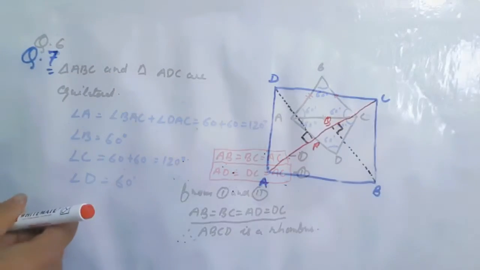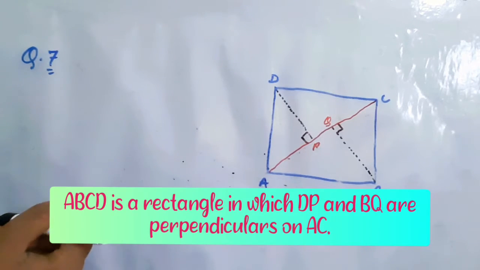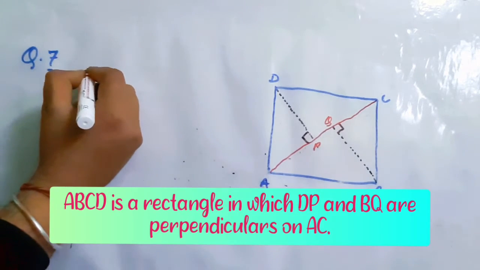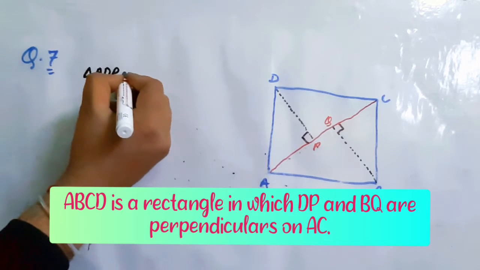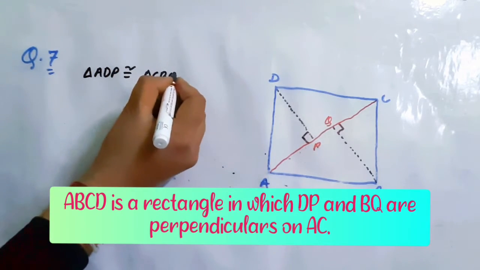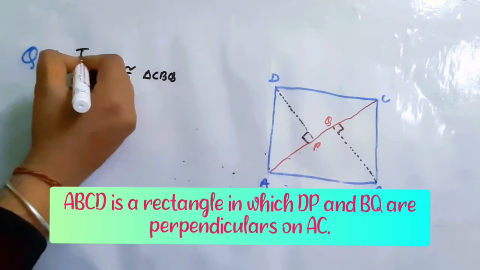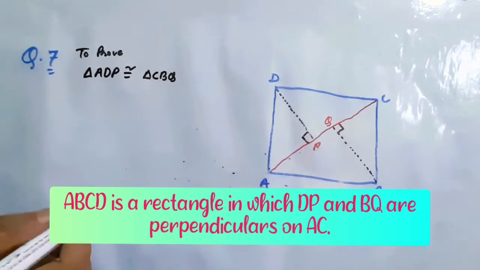Then what you have to prove? That triangle ADP is congruent to triangle CBQ. Triangle ADP is congruent to triangle CBQ. This is to prove. What is given?